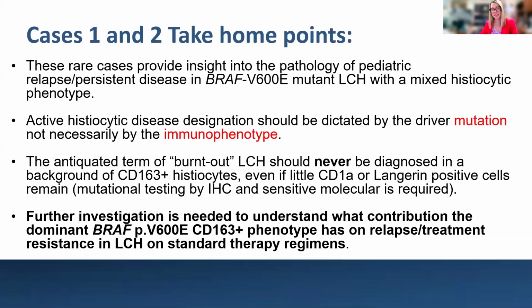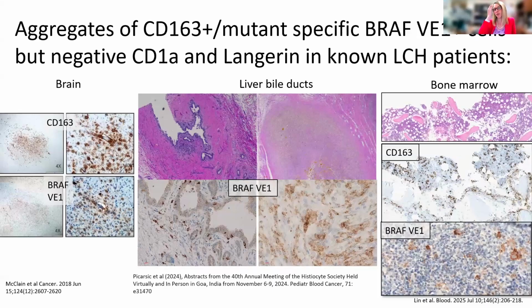So I think these cases bring up an important point of trying to understand what the contribution is of this BRAF mutated population with the CD163 phenotype. You'll see cases where the CD1A and langerin are completely gone with this population, and this might be the clue as we're trying to understand how to cure these children.